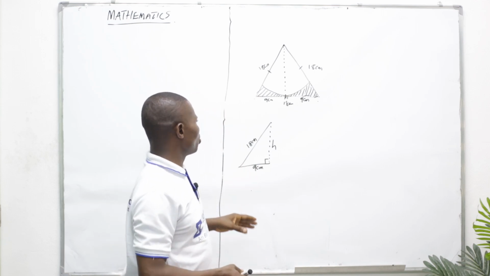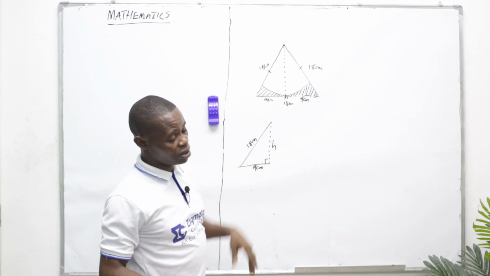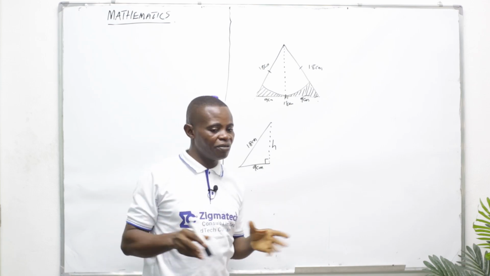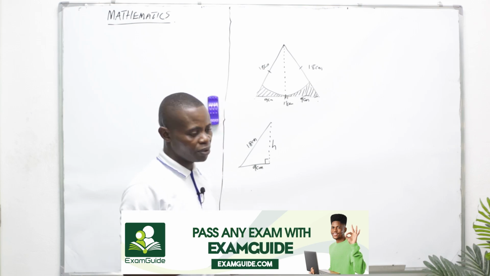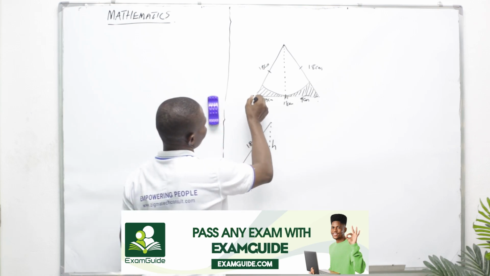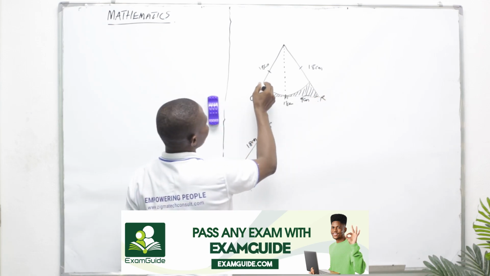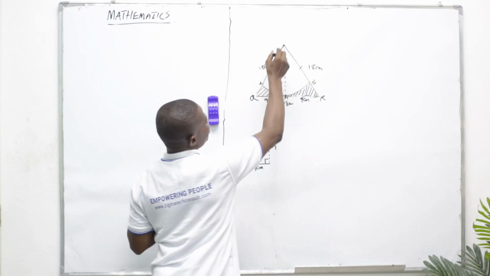I want you to always learn different ways of solving a given question, not just depending on one particular formula, so that you won't be cramming every time. This is Q, this is R, here it's AB, and this is P.